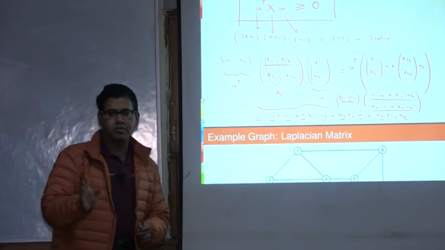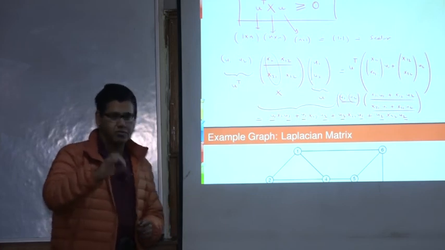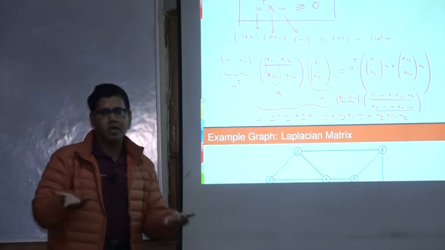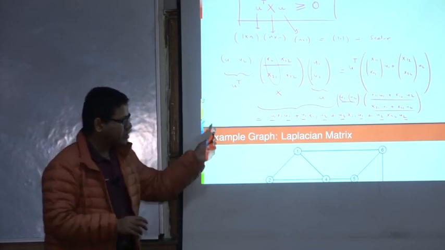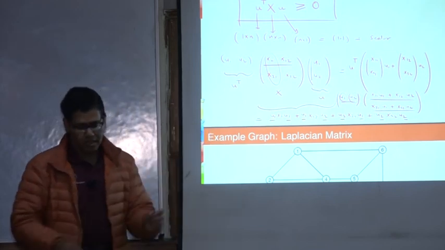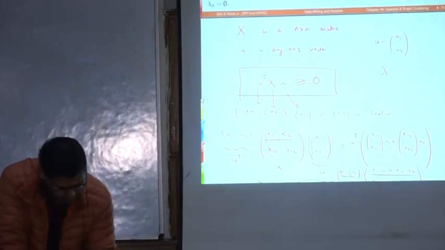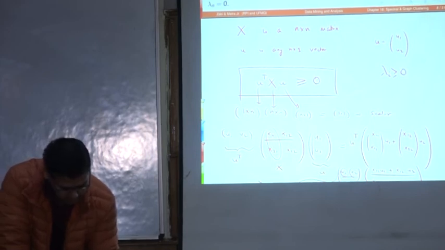Even if your input matrix is real, the eigenvalues can be complex numbers, and complex numbers are hard to interpret. But in this case, we can show that all the lambda i's are greater than or equal to 0, and they are, of course, also real numbers.